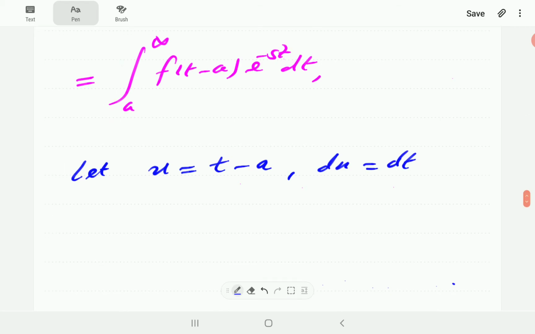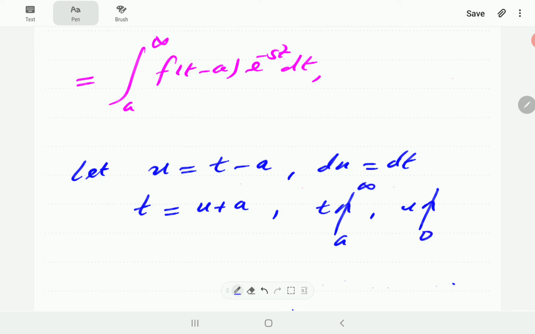And t is going to be u plus a. When t is equal to a, u is going to be 0.